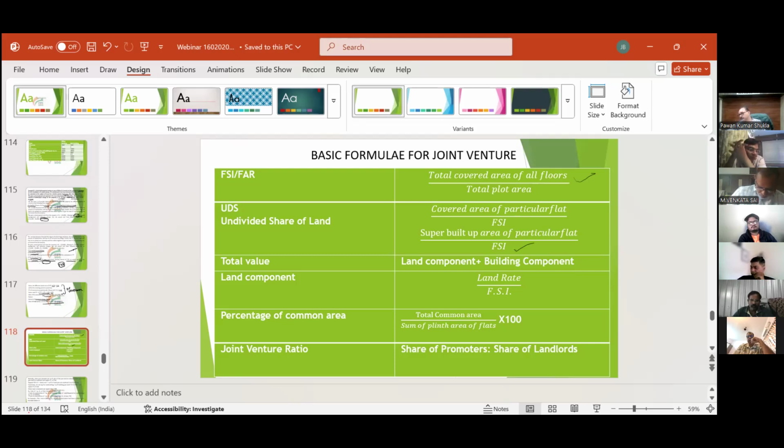Then the land component will be land rate divided by FSI. Percentage of common area is total common area divided by sum of plinth area of all the flats multiplied by 100. And joint venture ratio, you remember, it is always share of promoter first and then share of the landlord. So you have to remember these formulas in case of joint venture ratio.